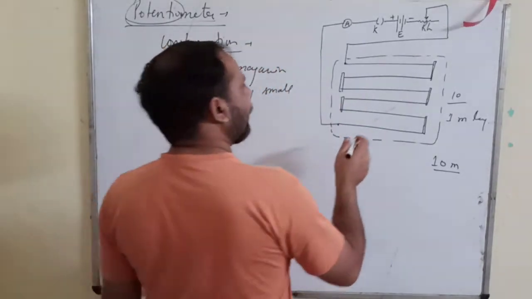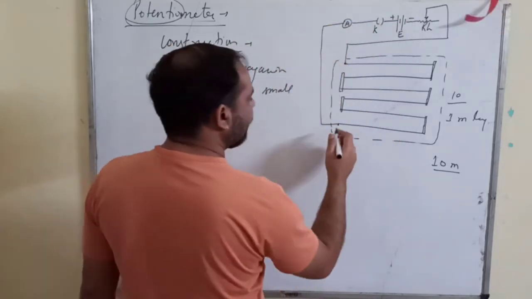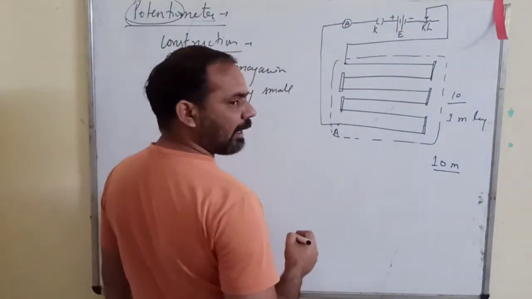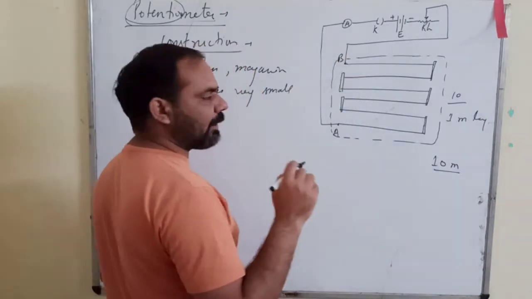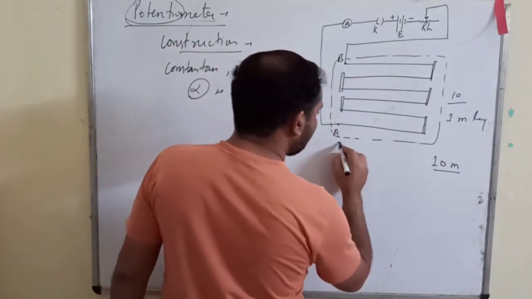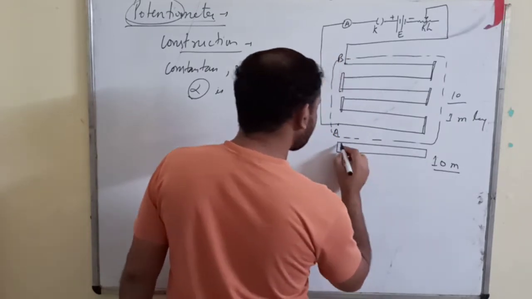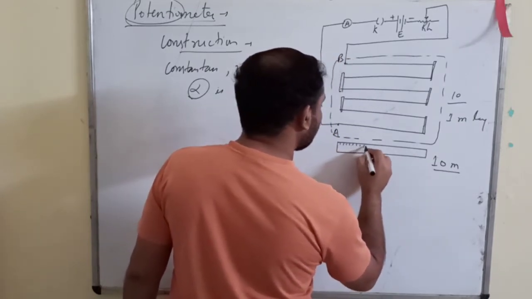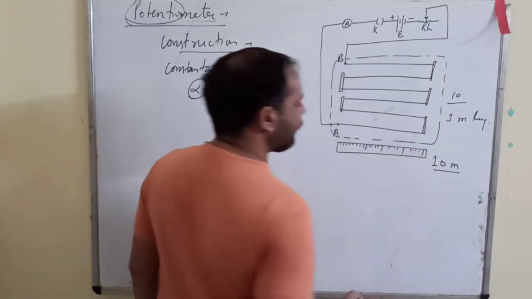Now the end which is connected to the positive terminal of the driver battery, we will consider as A, and the other end as B. A meter scale is attached here this way, 1 meter long.